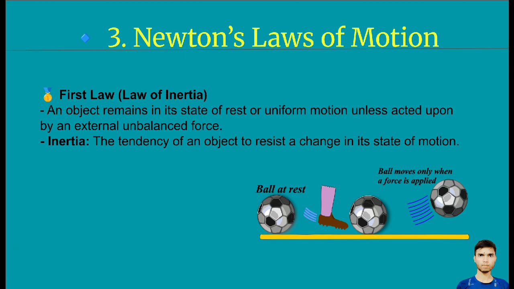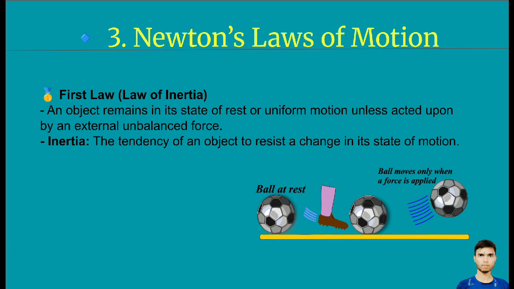Object will be at rest if the object is at rest. Now, if the object is in uniform motion, that object will stay in motion. We are not going to do anything with that moving object with uniform motion.